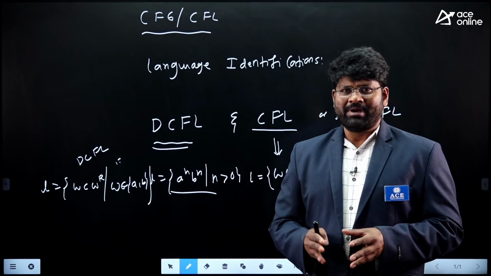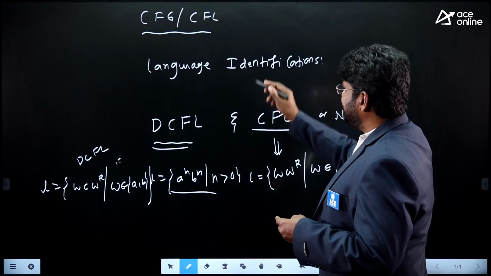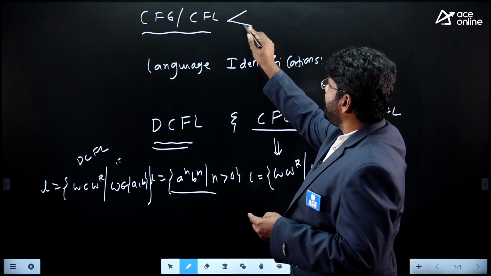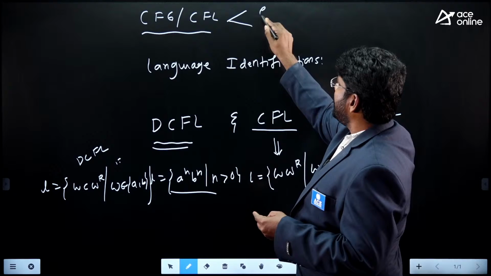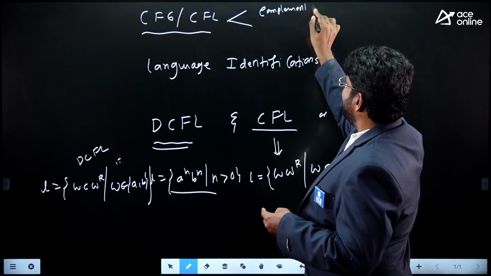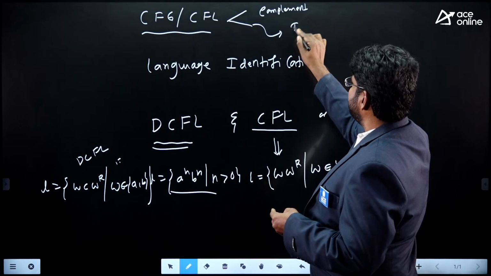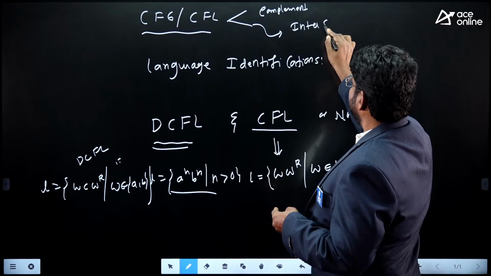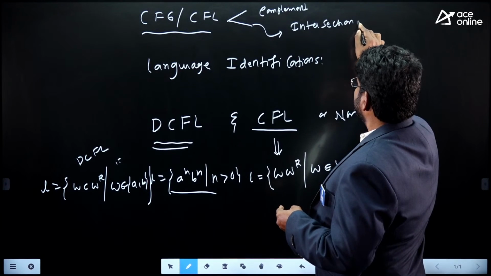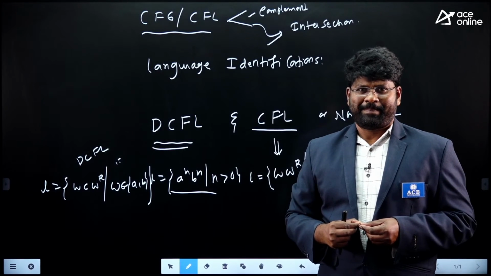As far as closure properties of CFLs are concerned, they are not closed under two operations. One is complementation, the other is intersection. All the time the question will go around these two topics.